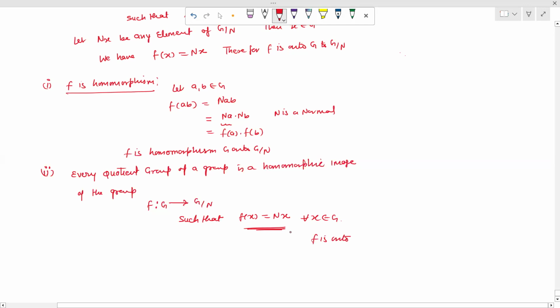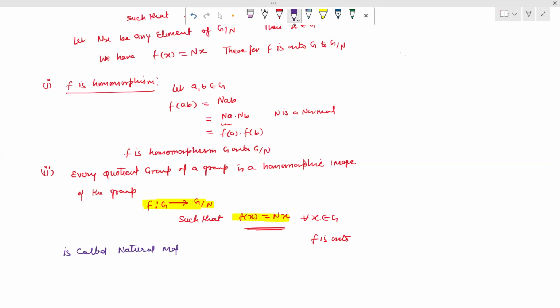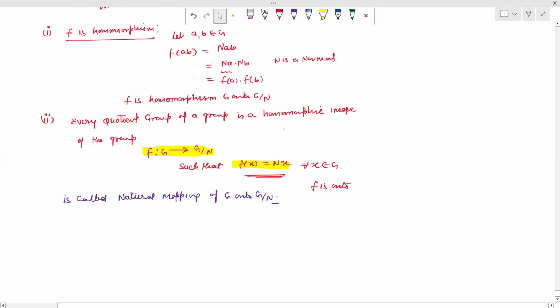So we can say that this function f from G to G over N, defined as f(x) = Nx, is called the natural mapping of G onto G over N.